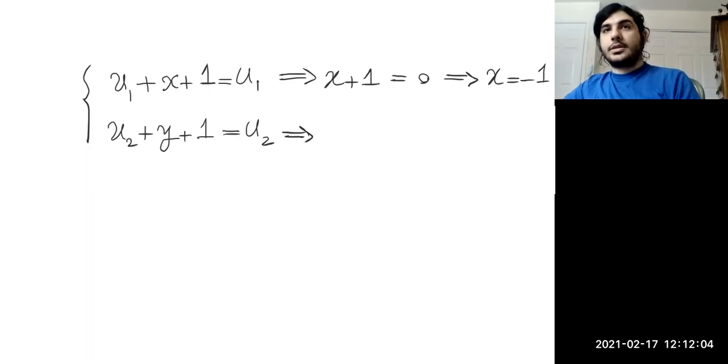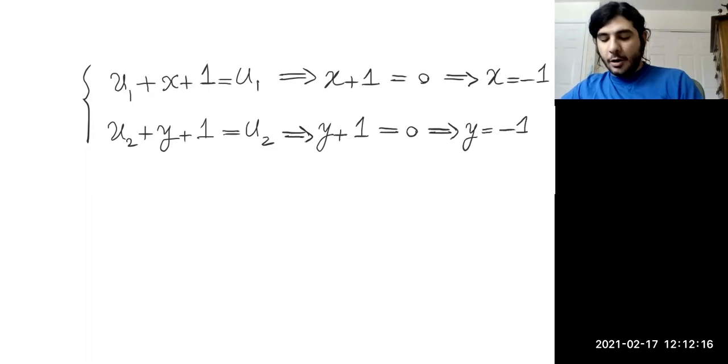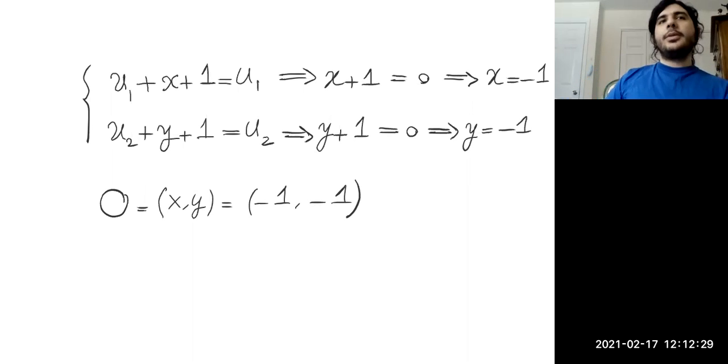And the second equation, similarly, we can cancel U2 from both sides, and Y plus 1 would be 0, which means Y is minus 1. Now, the vector O, the identity element, which was X and Y, is simply negative 1, negative 1. So yeah, that's correct.